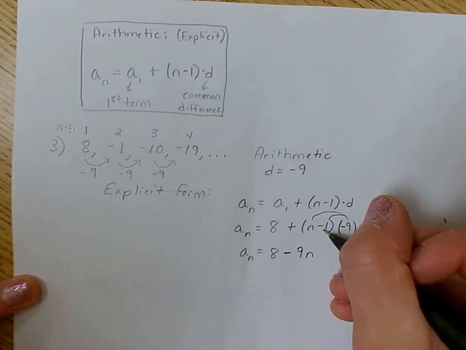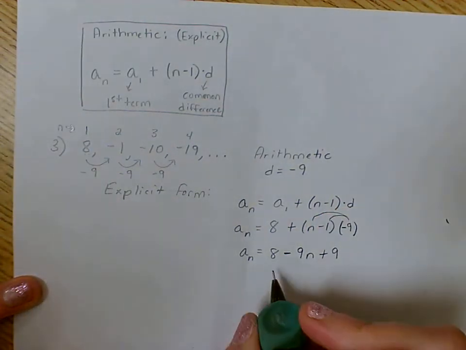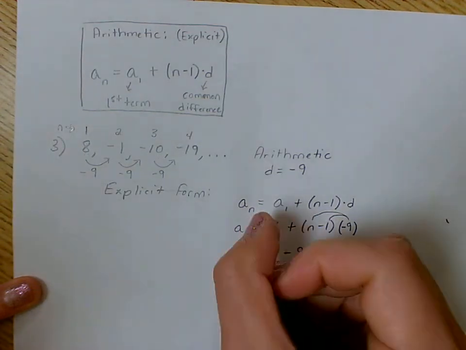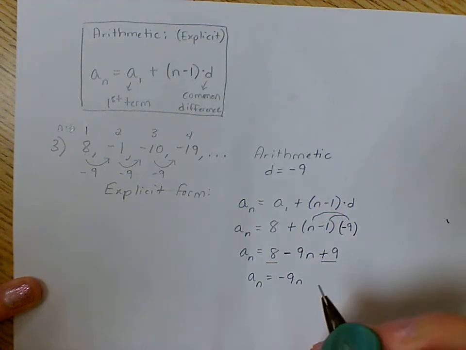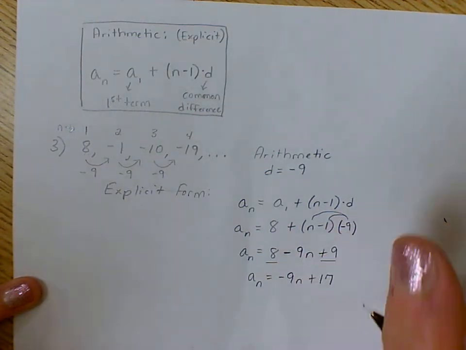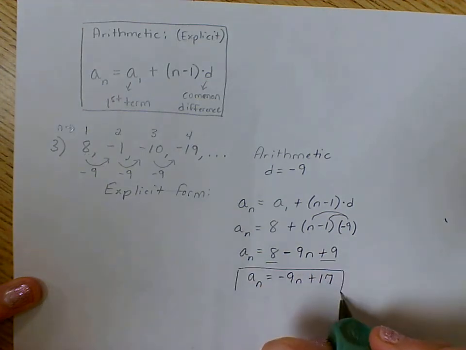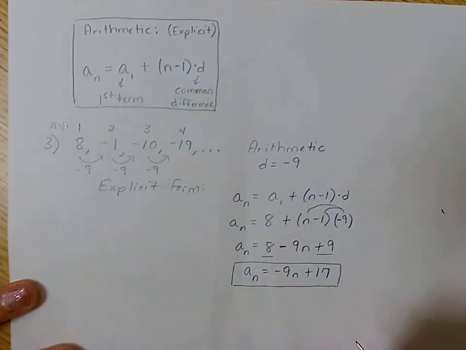And then negative 9 times negative 1 ends up being a positive 9. Okay, and then we just combine our like terms. So the negative 9n is going to come down, and then 8 plus 9 ends up being 17. So this is the equation that you can use to find any term in your sequence.